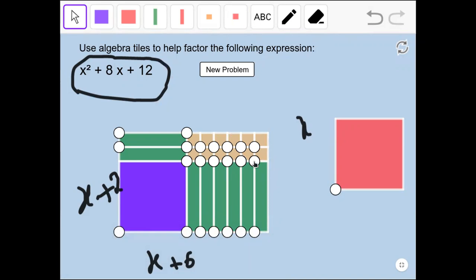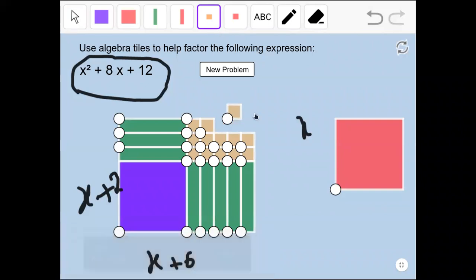Here I am getting, if I change or alter this one, if I move it like this, I cannot get these 12. Now in this case, I am having 1, 2, 3, 4, 5. 5 into 3, 15. So if I have x square plus 8x plus 15, that also has a solution.